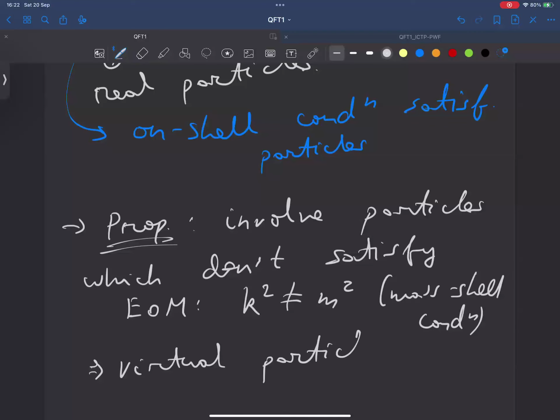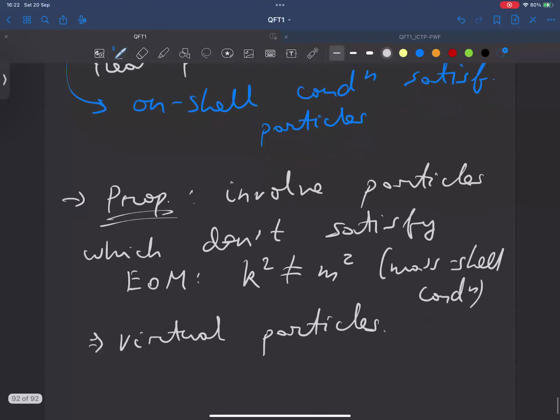I won't say more about this, as the next set of lectures will be given by a different lecturer. When you study interacting QFT, you will draw Feynman diagrams where there will be physical particles in your lab that you observe. These are at your asymptotics. They satisfy the equation of motion and they are on shell. But there will be particles in between that carry some interactions, which will be called virtual particles.